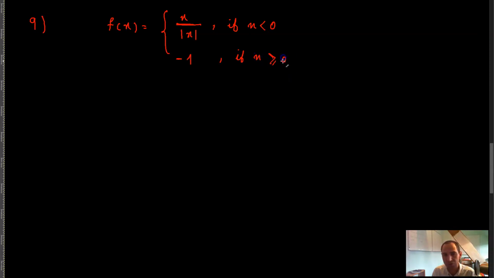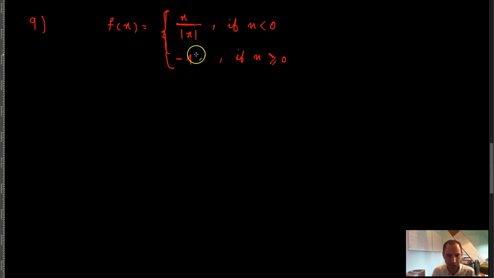Now question number 9. Question number 9, we have another function. F of x is equal to basically x over absolute value of x if x is less than 0, and it's equal to negative 1 if x is greater than or equal to 0.